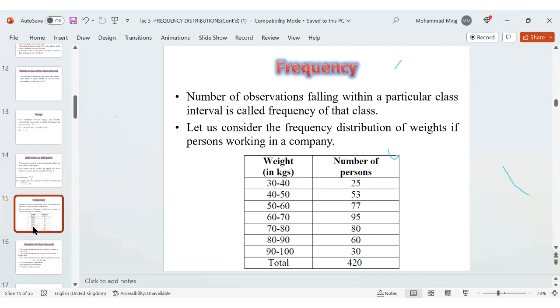So we can divide the whole category into 30 to 40, 40 to 50, 50 to 60, 60 to 70 like this. How many people do we find with 30 to 40 kilogram weight? It may be 25. The next level is 53. Likewise you put the whole range of people into groups. The 25 is the frequency, because this many people have this weight.